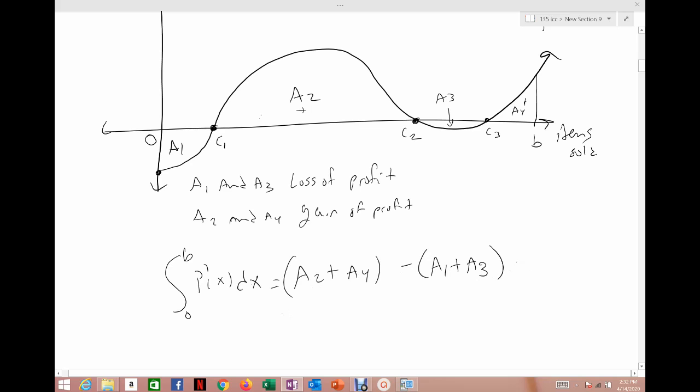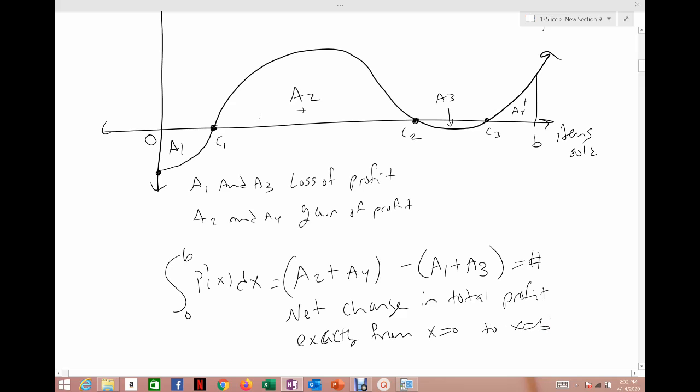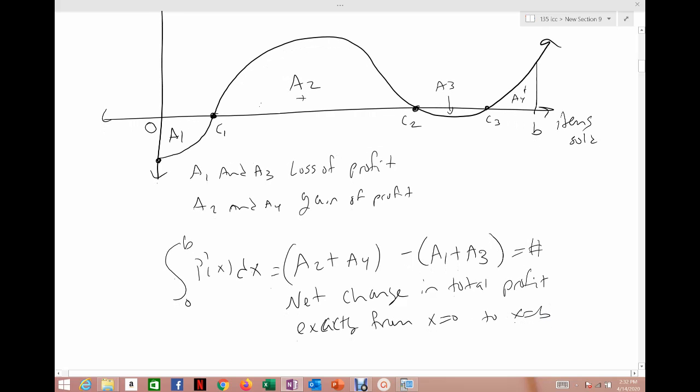Whatever number that comes out to be, this would be the net change in total profit exactly from 0 to B.